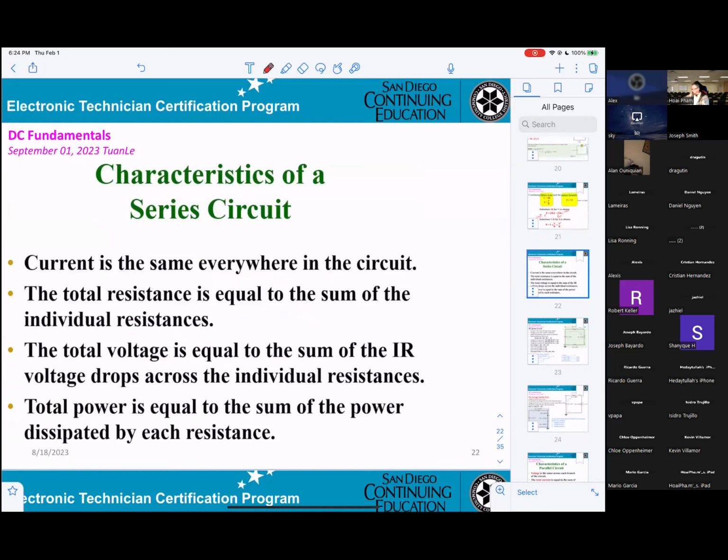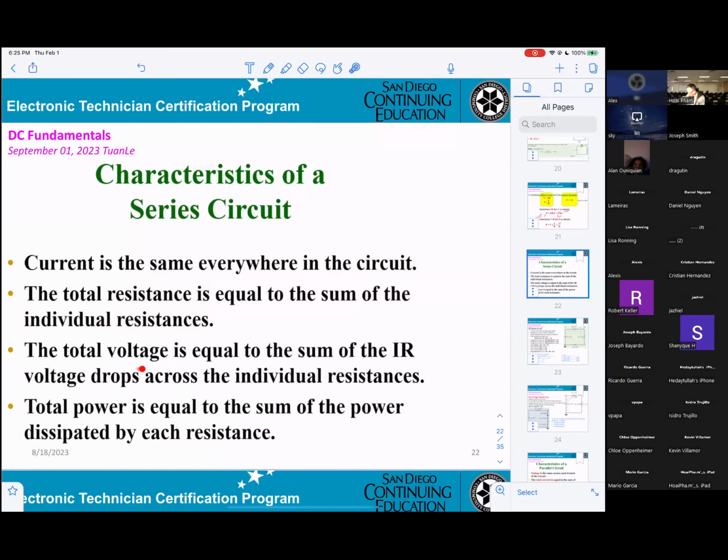Okay, now we're talking about series circuits. What do they say? Current is the same everywhere in a series circuit. Total resistance is equal to the sum of the individual resistances.